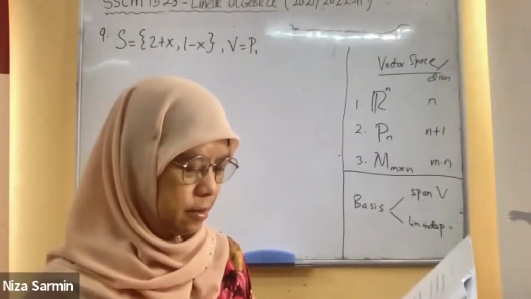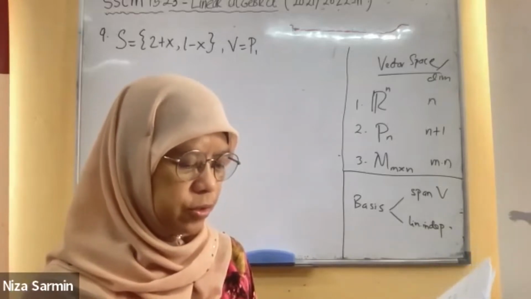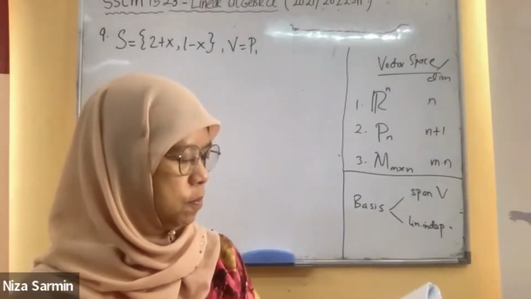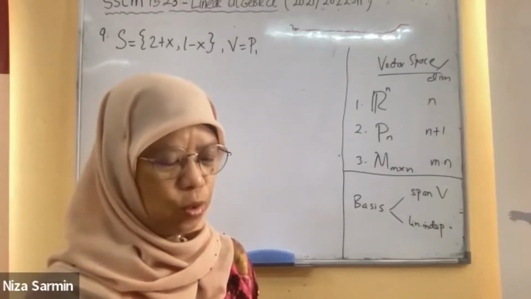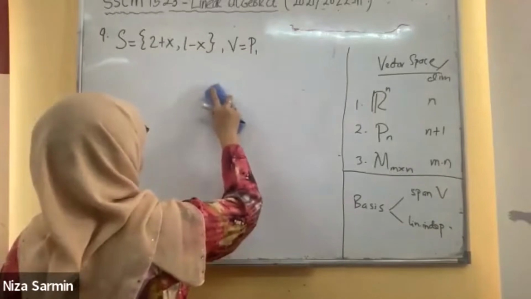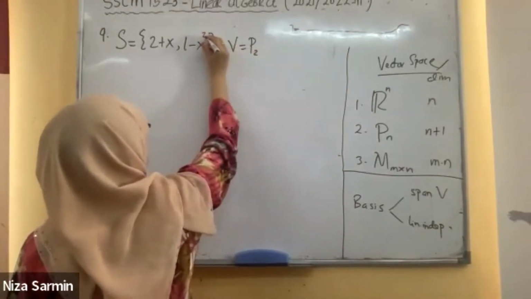Number 9. I'm looking for something which is not right. Something similar to this, for P. There's none, it seems. But I'll create another question. Okay. I'll create another question with P2. And then I put here square.